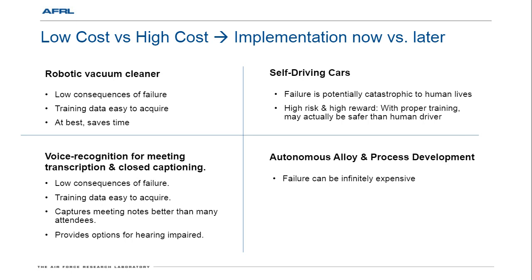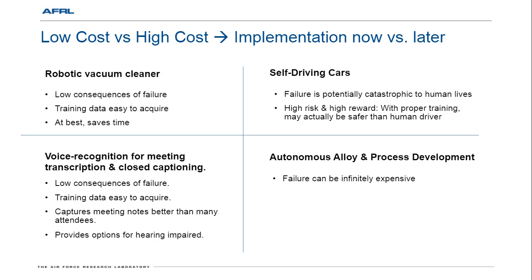In contrast, with self-driving cars, a failure is potentially catastrophic to human lives. It's very high risk and also very high reward. So assuming proper training and proper handling of anomalous events, a self-driving car could actually be safer than a human driver. And as more people are texting and driving, the risk and reward payoff seems to be changing.